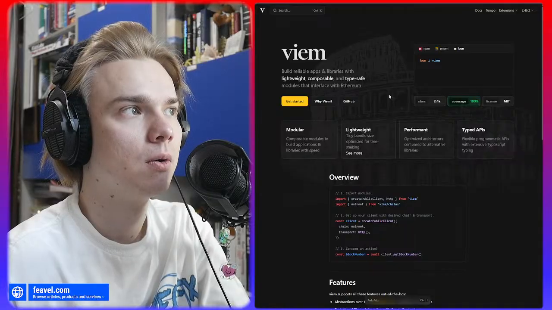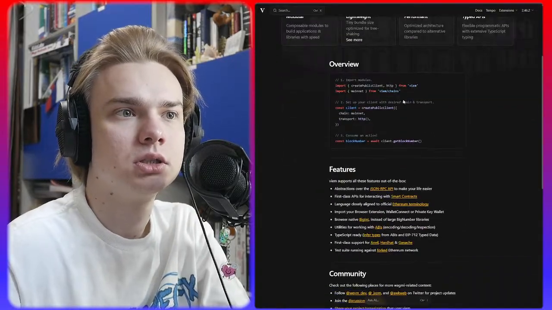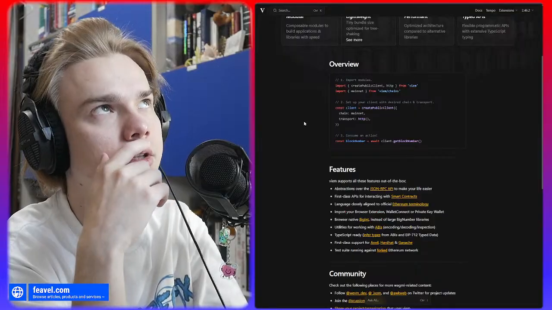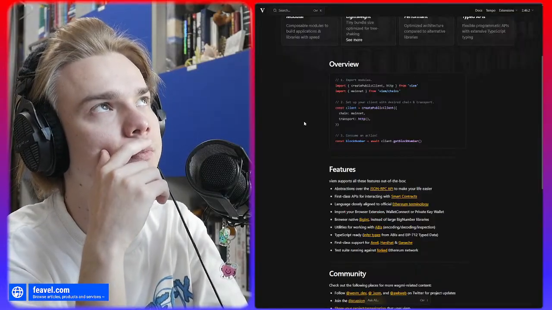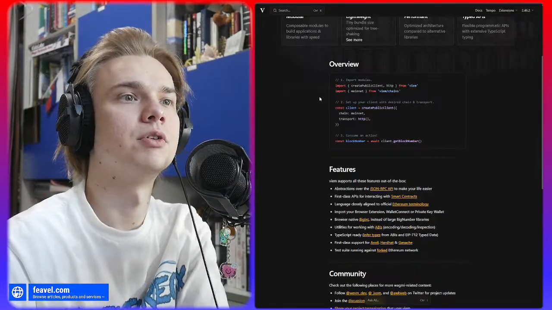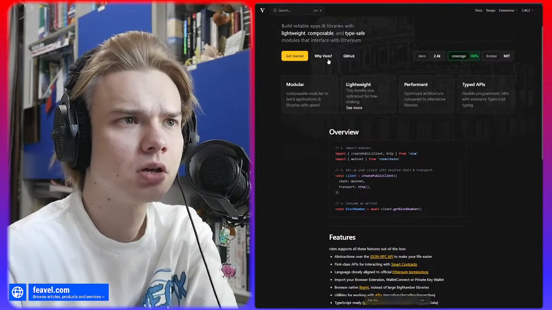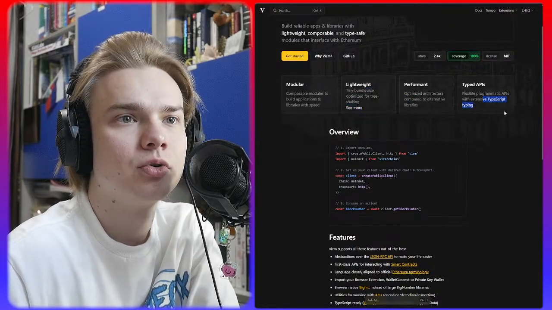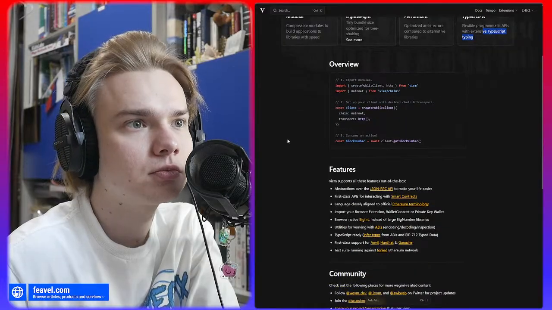But we got interaction with ETH, but what does ETH provide us? That's the interesting question. Okay, composable modules, lightweight, performant, type safe. Fine.